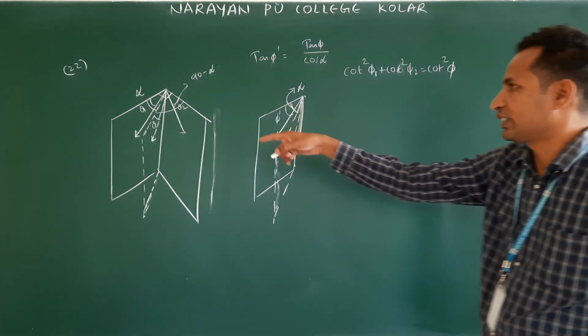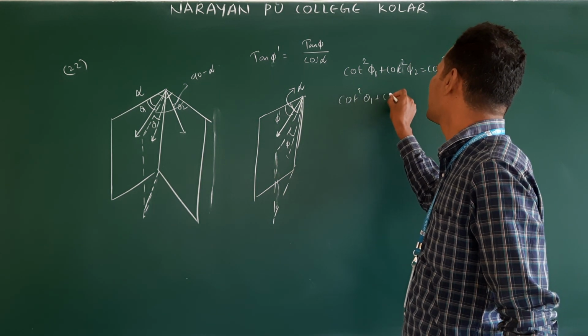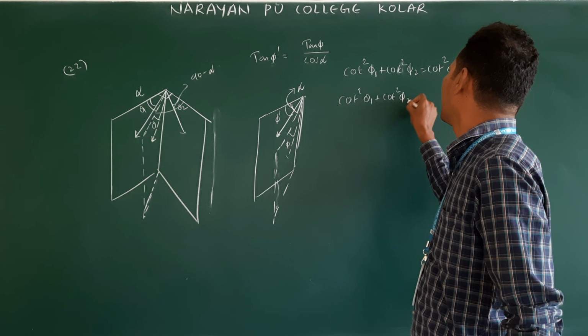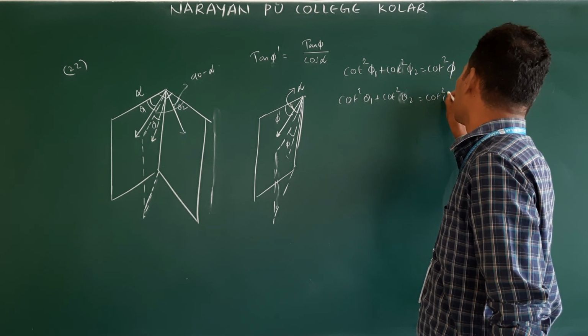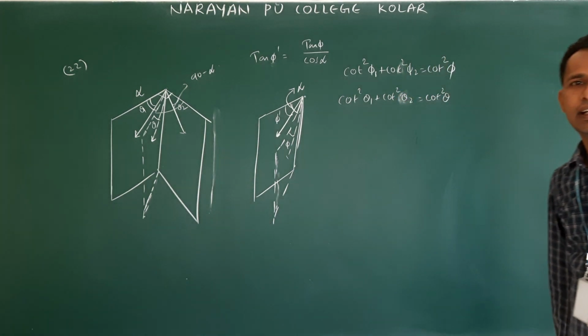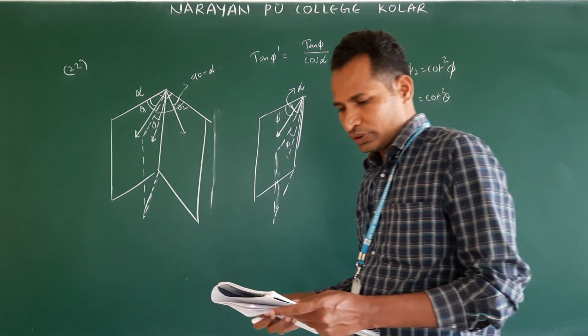Clear? For this question, it will be cot square theta 1 plus cot square theta 2 is equal to cot square theta. Understand? Okay.